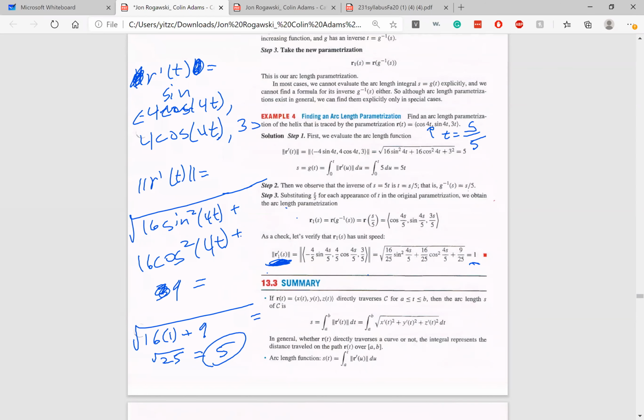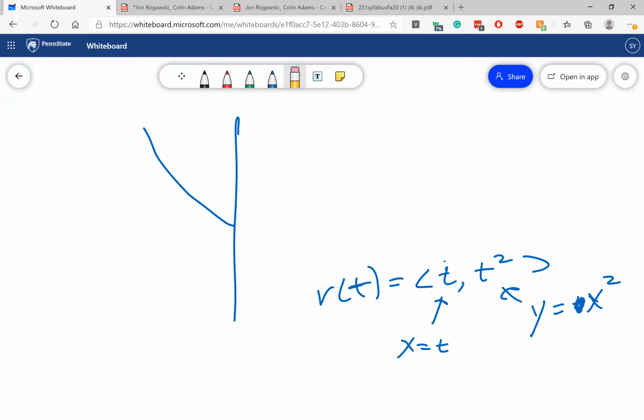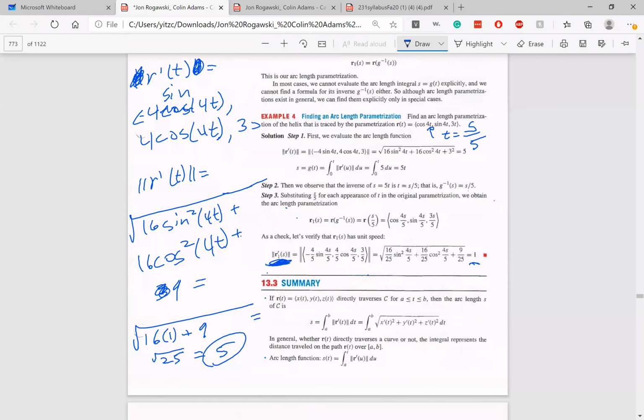And then the arc length is going to be 1. So if we go here, okay, so we know that 1 second.